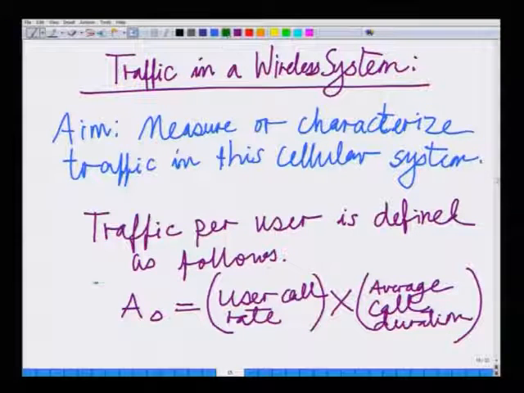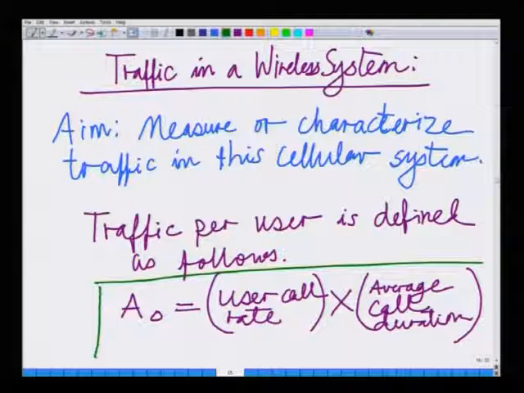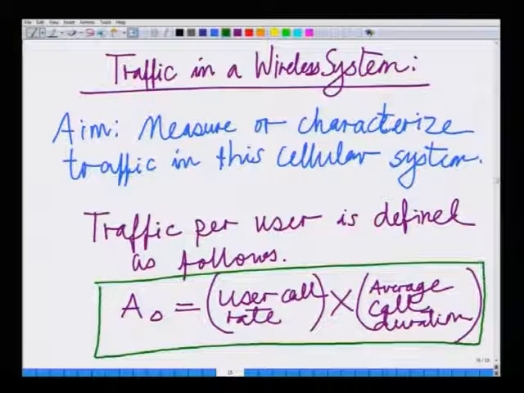So, the traffic per user, which is A naught, is measured as A naught equals the user call rate into the average call duration, and this is nothing but the traffic per single user.